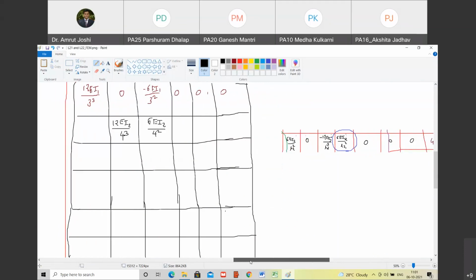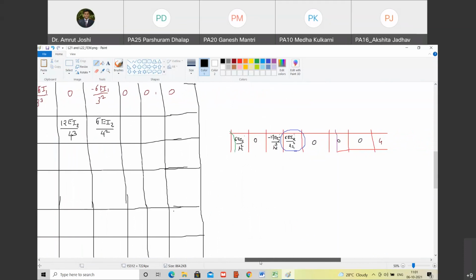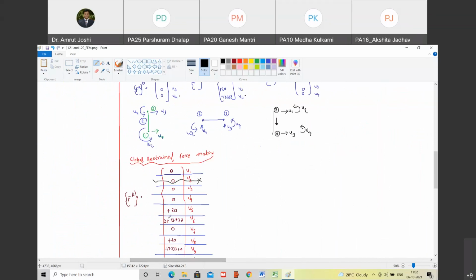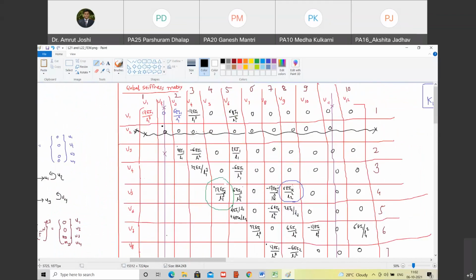Then we have 0, 0, 0, 0, 0, 0. Are you with me? Yes, sir. I hope I have not made any mistake. Let me cross verify. Did I copy this row or did I copy upper row? Hopefully I copied this one. Let me cross verify.